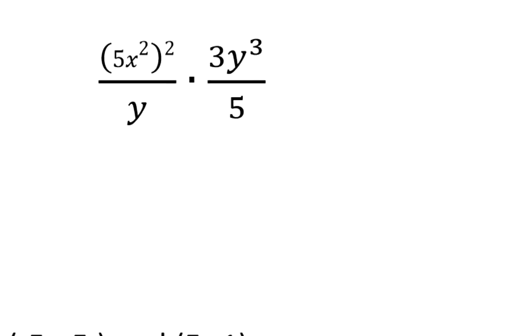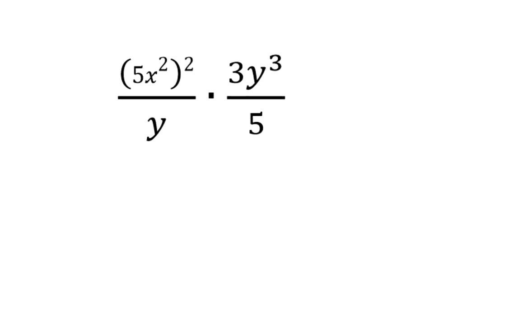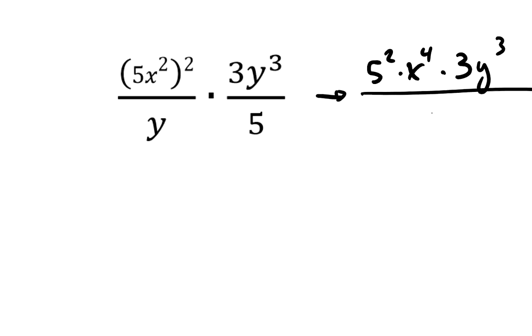For part B, in my numerator I've got 5 squared and then x to the fourth. So let's just start this here. I've got a 5 that's going to get squared times an x to the fourth power, and then times a 3, not 3 to the third, and then a y to the third, and then all of this is going to be over y times 5, or I'll write it as 5 times y, same thing.